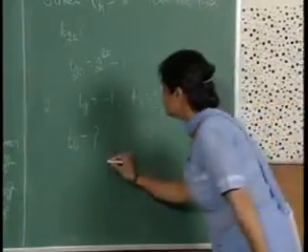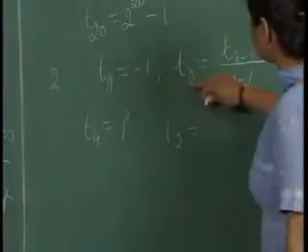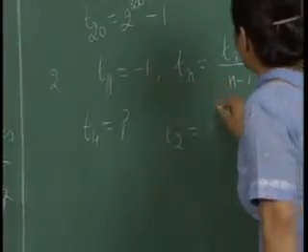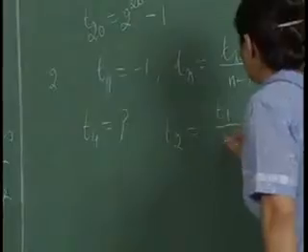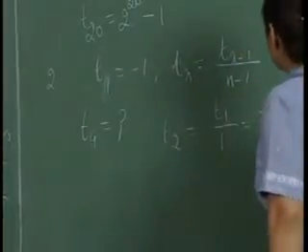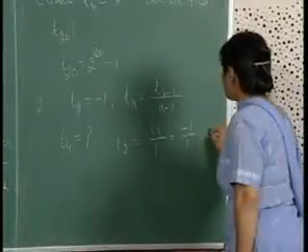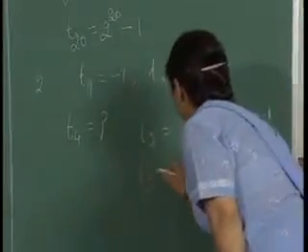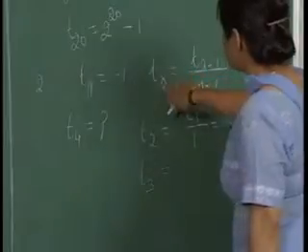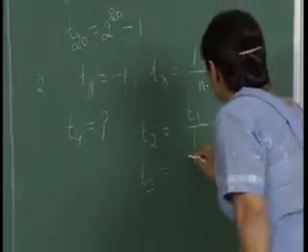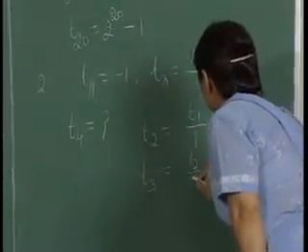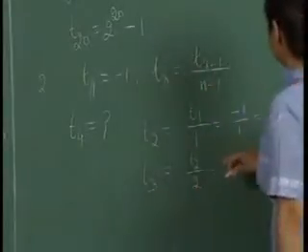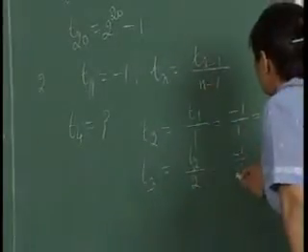So I will find T2 first, by simply putting n is equal to 2 here. So it will be T1 divided by 1, which is equal to minus 1 divided by 1, which is minus 1. Now I go to T3. I substitute n is equal to 3 in the formula, and I get T2 by 2, which is equal to minus 1 by 2.